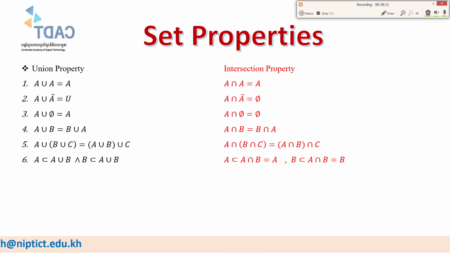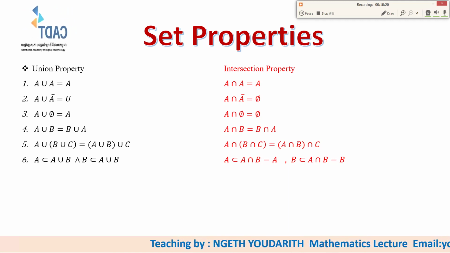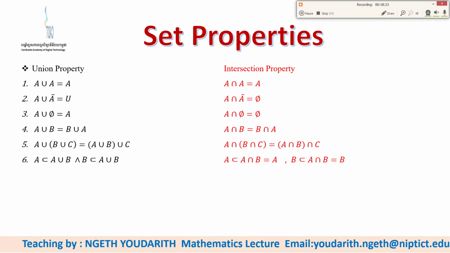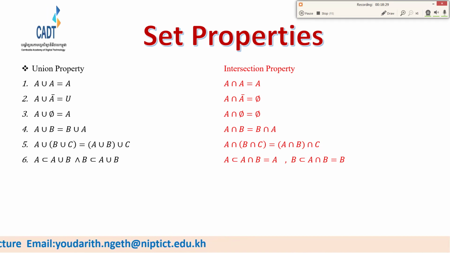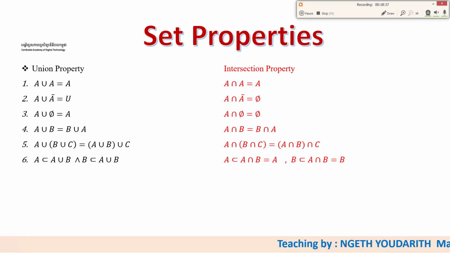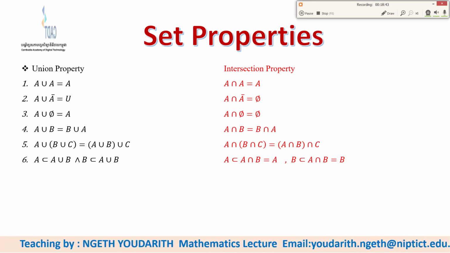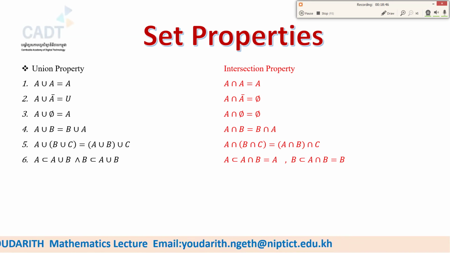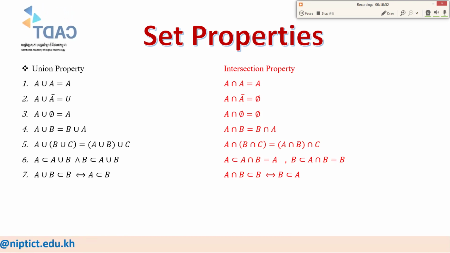A intersection B is similar to B intersection A. If A is a subset of B, then A intersection B is equal to A. If B is a subset of A, it means that A intersection B is equal to B. This is the kind of our subset property.